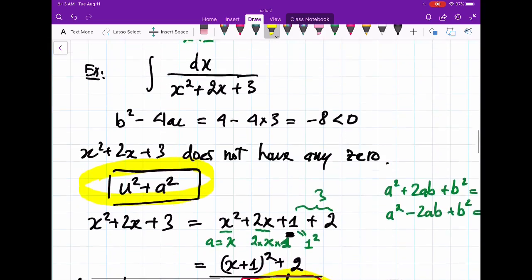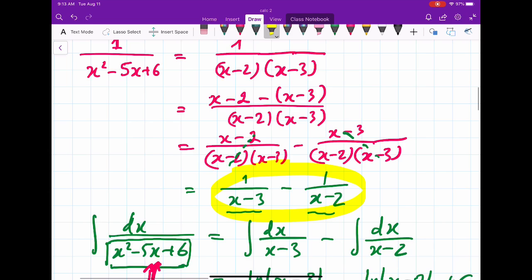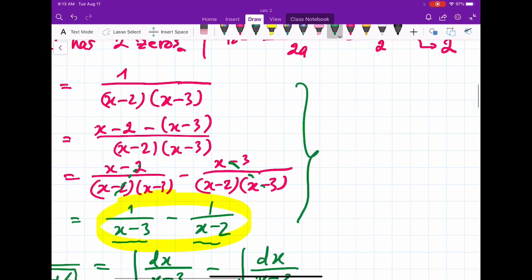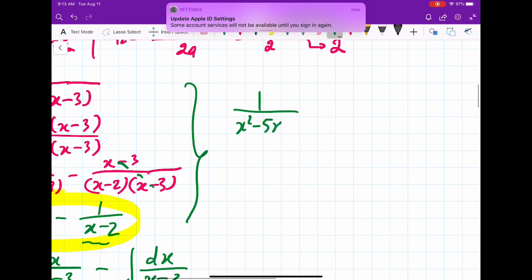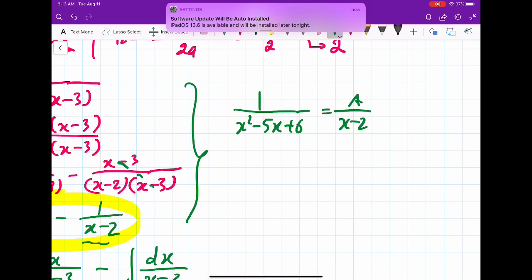The very first example, this one right here. Actually, in this step, if we follow the idea we just showed you, I can write 1 over x squared minus 5x plus 6 equal to a over x minus 2 plus b over x minus 3.